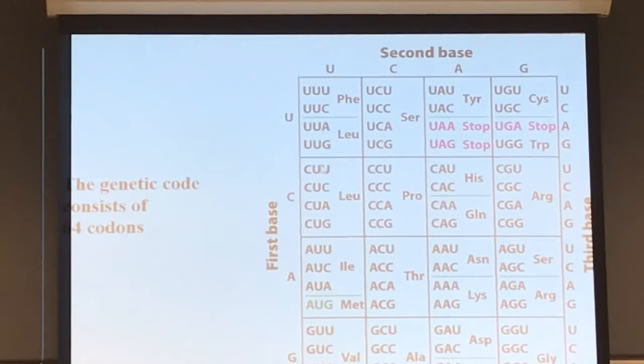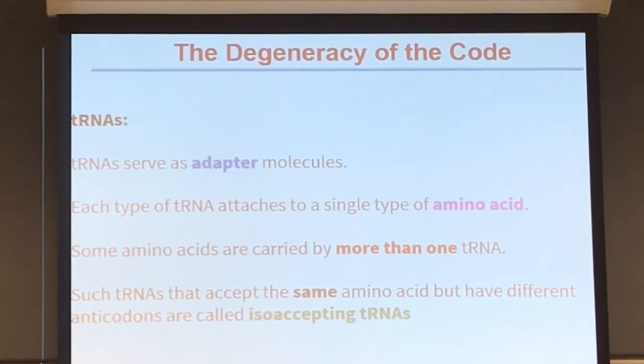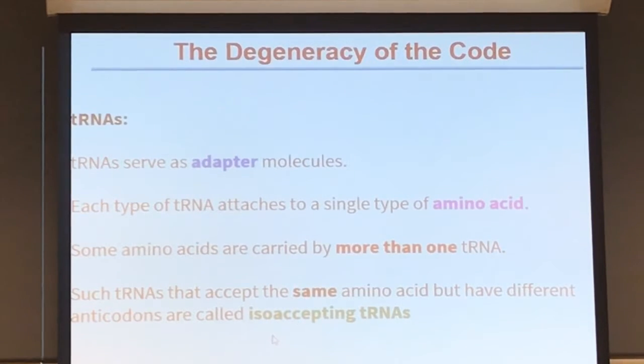So, since you have so many codons, the cell should also have transfer RNAs with that many anticodons. So transfer RNAs that accept the same amino acid but have different anticodons are called iso-accepting transfer RNAs.